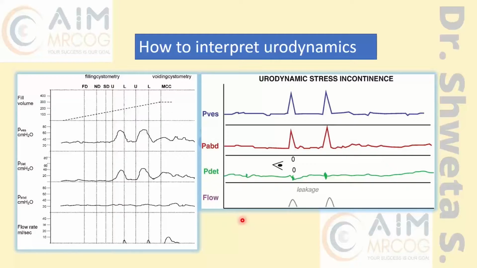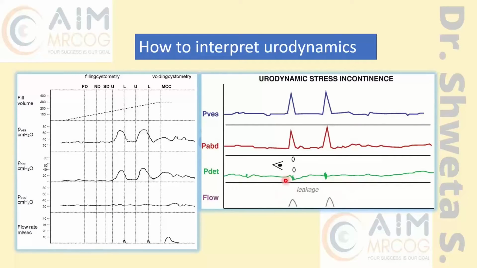Then how will you say mixed incontinence? We will come to the graph for mixed incontinence. Mixed incontinence means in the graph, you will see these two rise with no detrusor overactivity and leak. And in another portion, you will see these two rise with overactivity and leak. So one time you have seen leak without detrusor overactivity, and one time you have seen leak with overactivity.